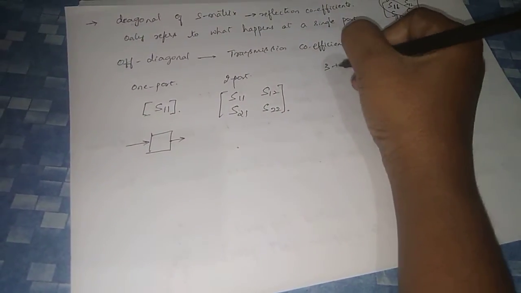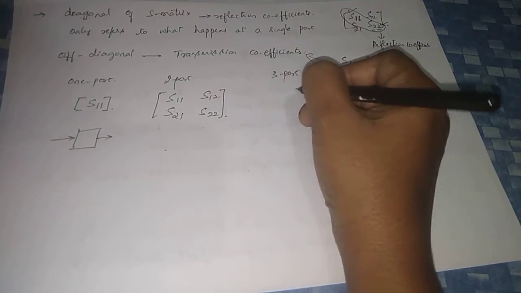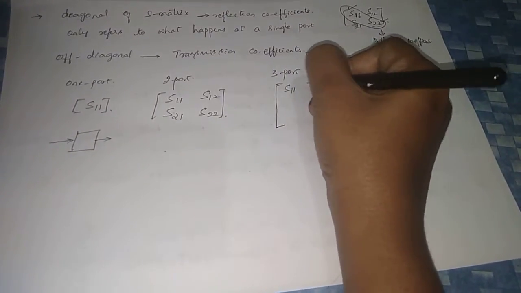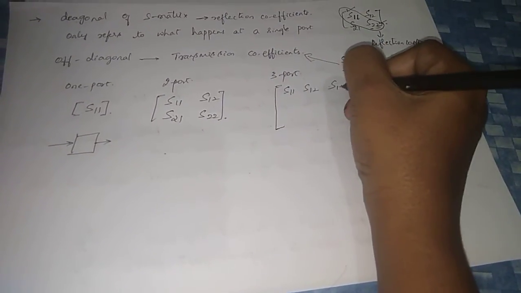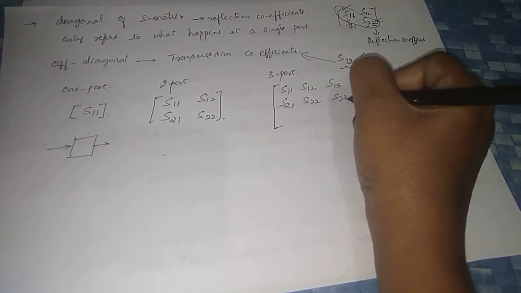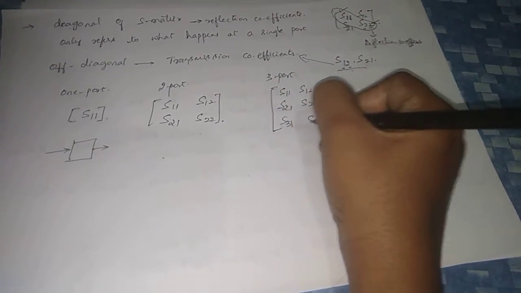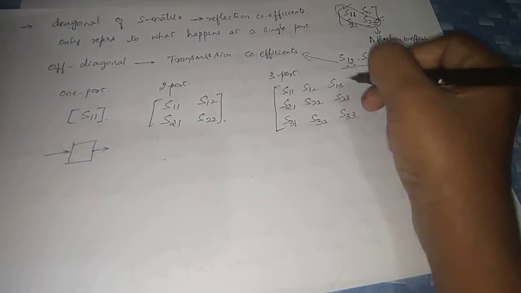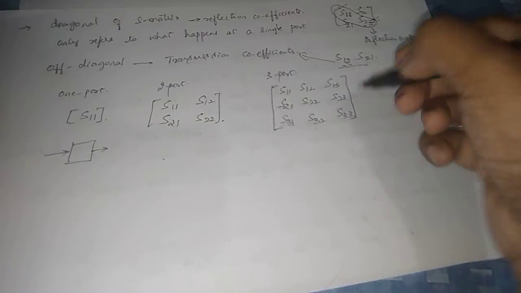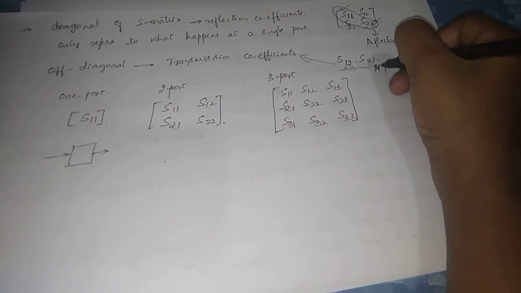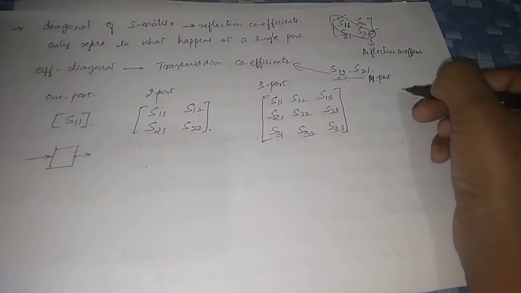For three port, with three different ports, it is S11, S12, S13, S21, S22, S23, S31, S32, S33. This is how we write it for different ports. Say you have four, you can write that. If I consider n port, that also I can write.